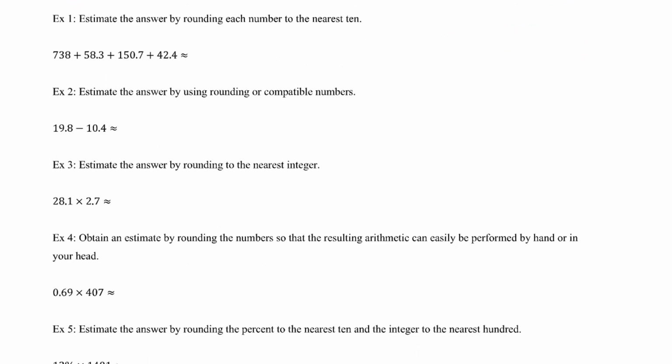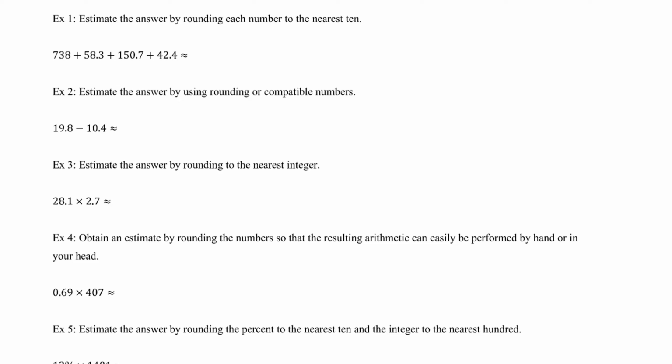The first example says, estimate the answer by rounding each number to the nearest 10. In all of these problems, it's extremely important, and I can't stress this enough, that we read our directions all the way through so that we're not making any mistakes in our calculations.